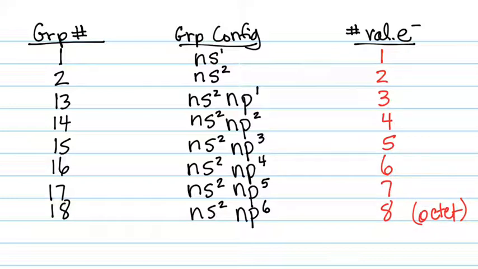Let's also go look at a periodic table version of this. I have my periodic table and I've gone ahead and labeled the groups 1, 2, and 13 through 18 for our S and P block. For the number of valence electrons, group 1 is 1, group 2 is 2, and then we jump over, group 13 is 3, and that goes all the way up to 8 valence electrons for group 18.